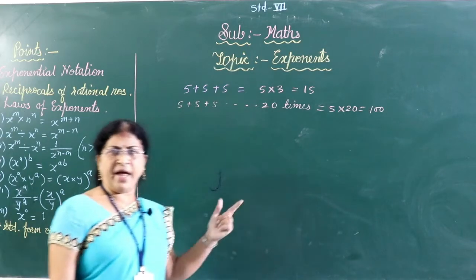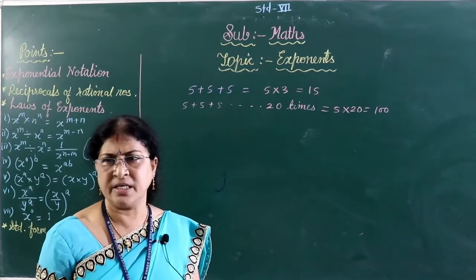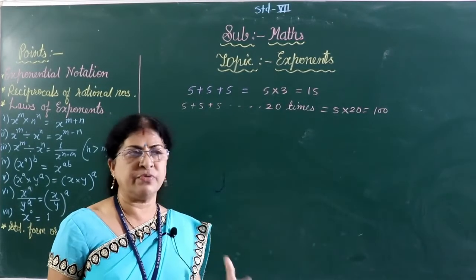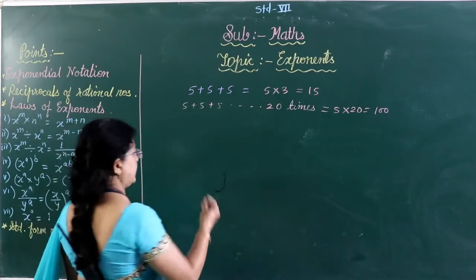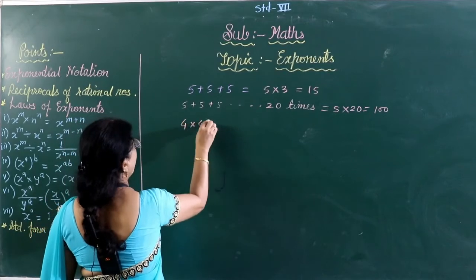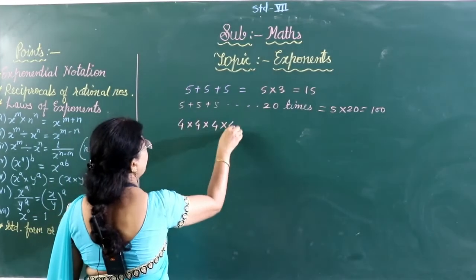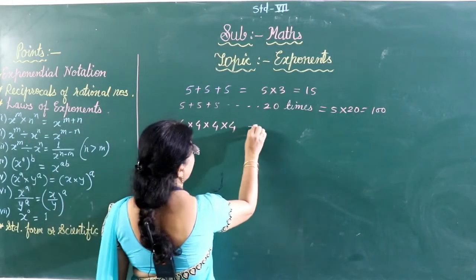The same way for multiplication of integers, for several times we can express it in some particular way. For example, see, if I am writing 4 into 4 into 4 into 4, right? Then how can I express it?